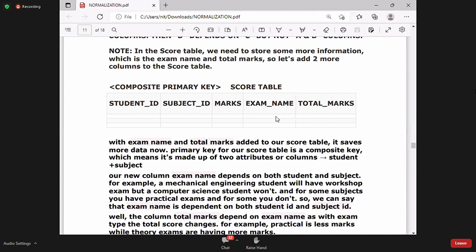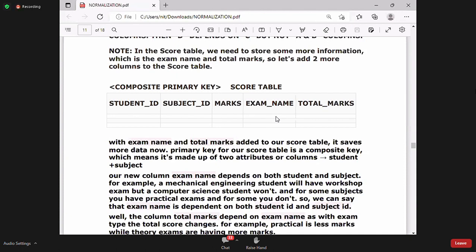For example, you have BTech, civil, mechanical, whatever it is. One subject is there, subject 1. In subject 1, few marks are related to the theory exam, and few marks are related to the practical exam. Yes or no? Some subject in BTech, CSC, IT, whatever it is.